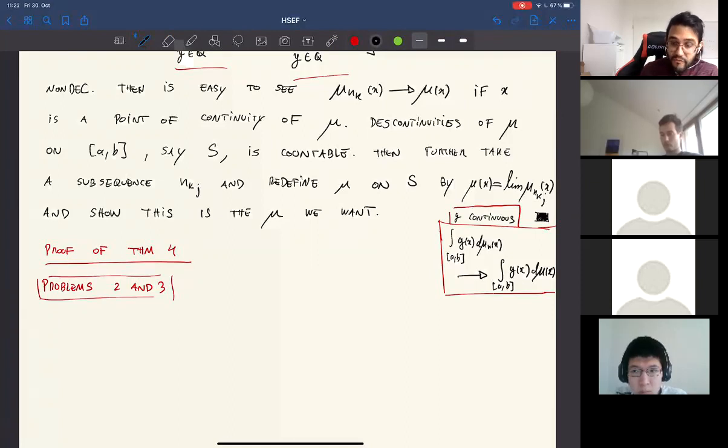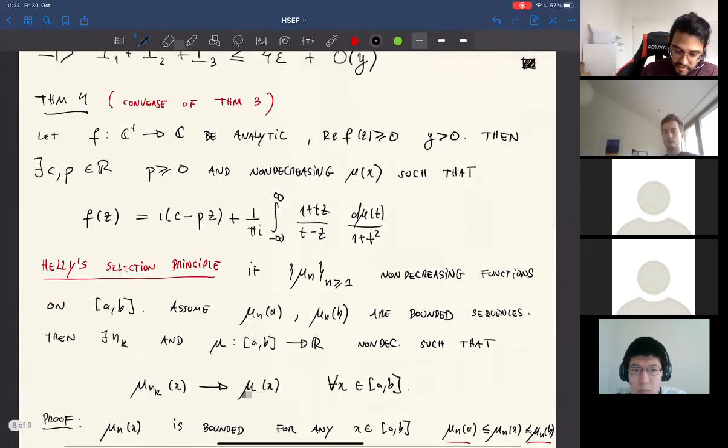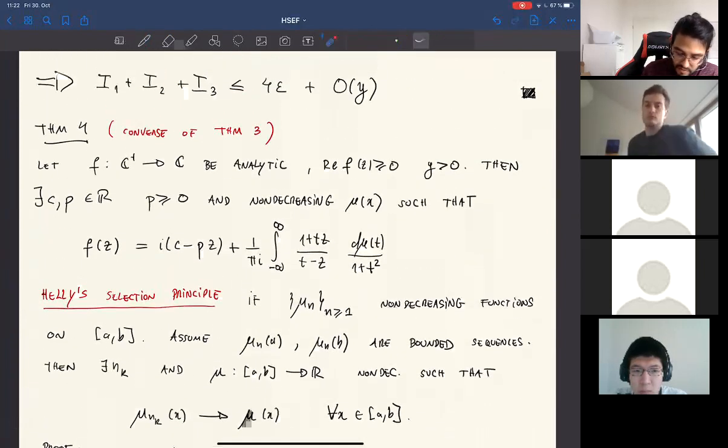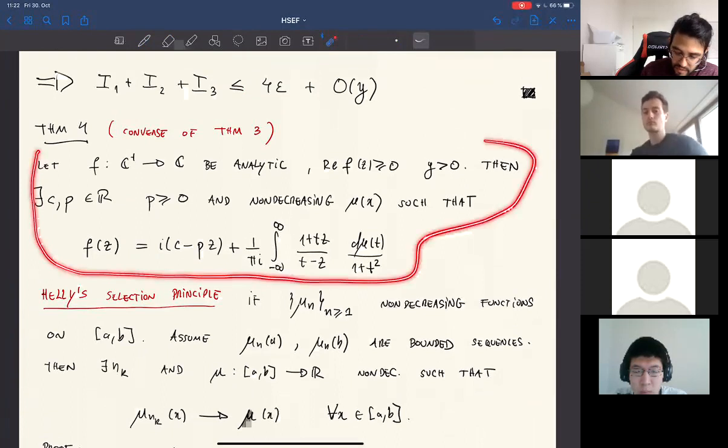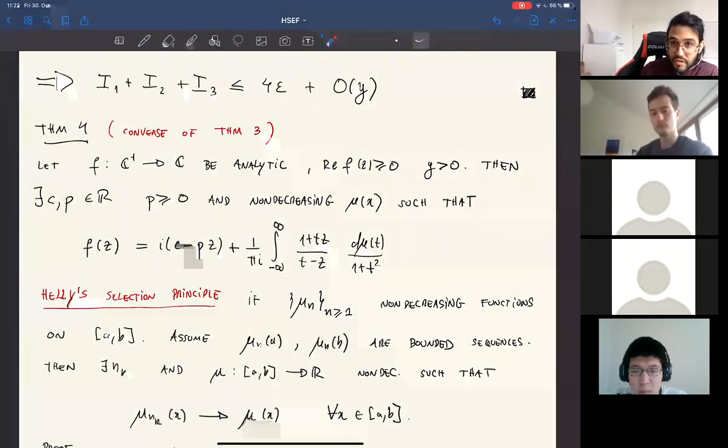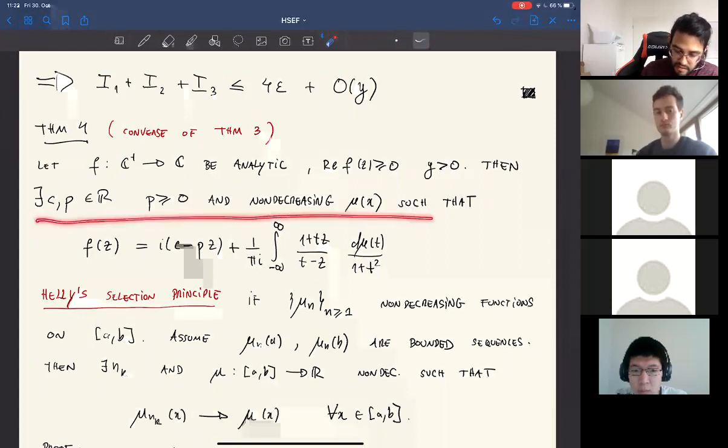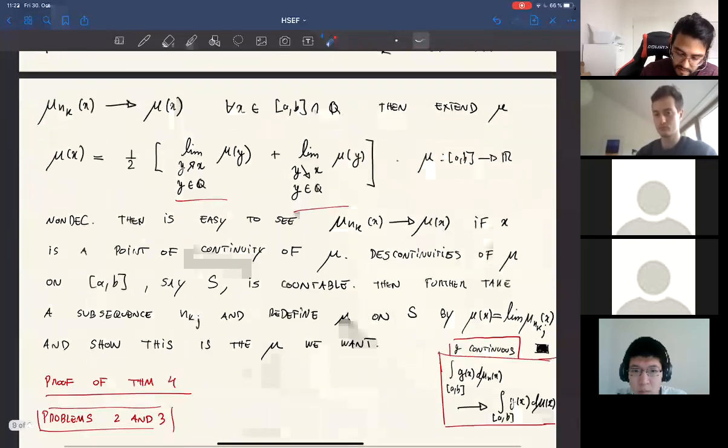They say that theorem 4 is actually true if we assume further that the real part of f is continuous on the real line, that it extends up to the real line as a continuous function, which I'm not assuming here. So theorem 4 follows from the problems if f is continuous.